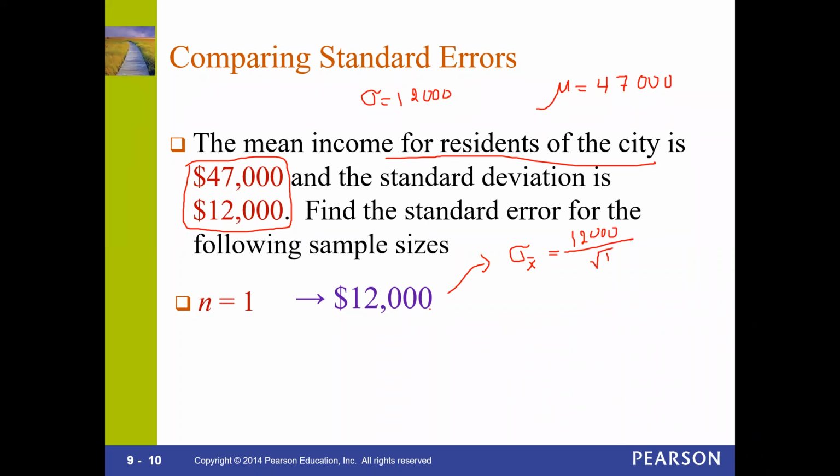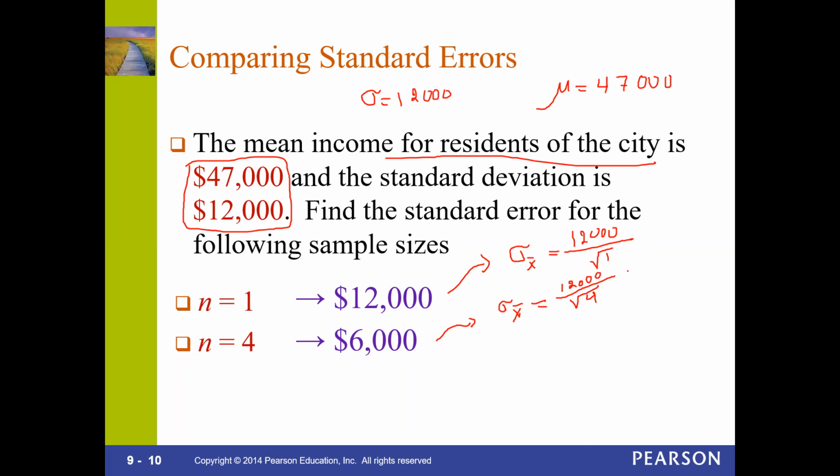That gives you the same number. Suppose you put n equal to 4, it gives you 6,000. Again, that will be sigma X bar equal to 12,000 over the square root of 4.